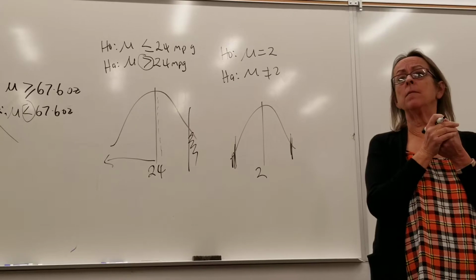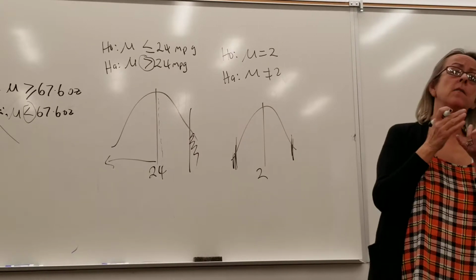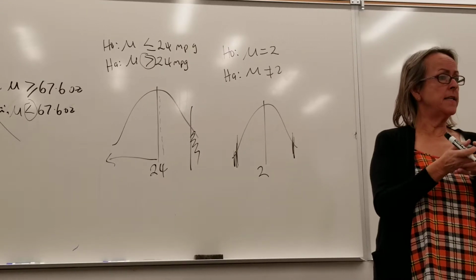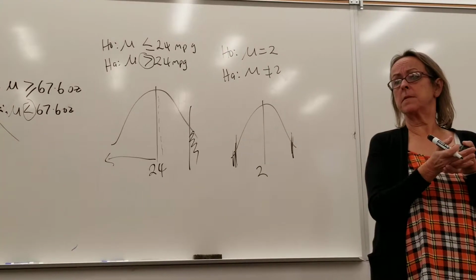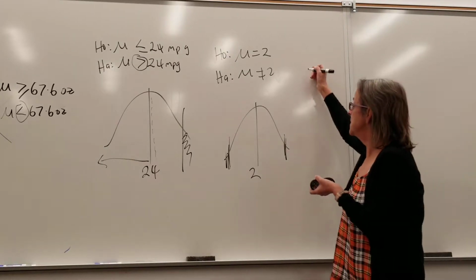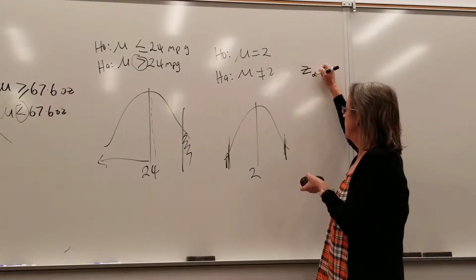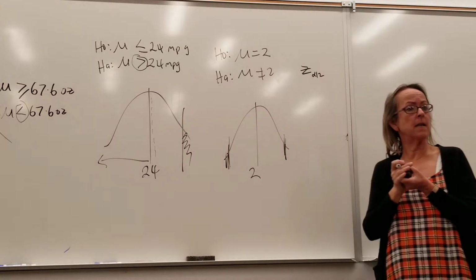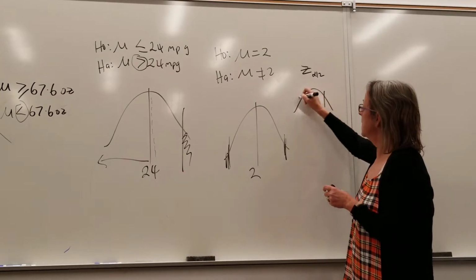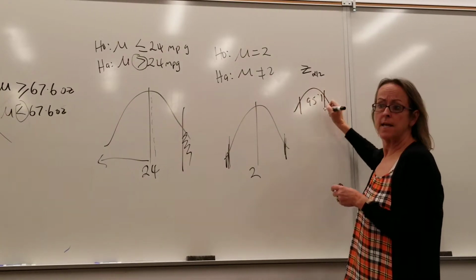In chapter 8, when we did confidence intervals, we talked about 90% confident, 95% confident, 99% confident a lot of the times, right? And with confidence intervals, we always looked up the z or the t for alpha divided by 2, didn't we? Because we were always looking for the middle 95%, let's say.